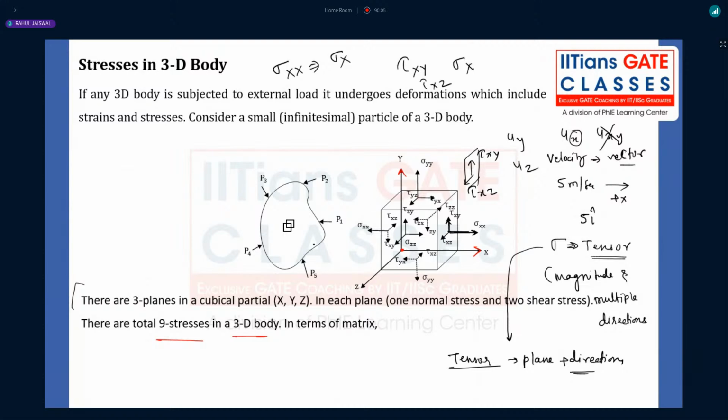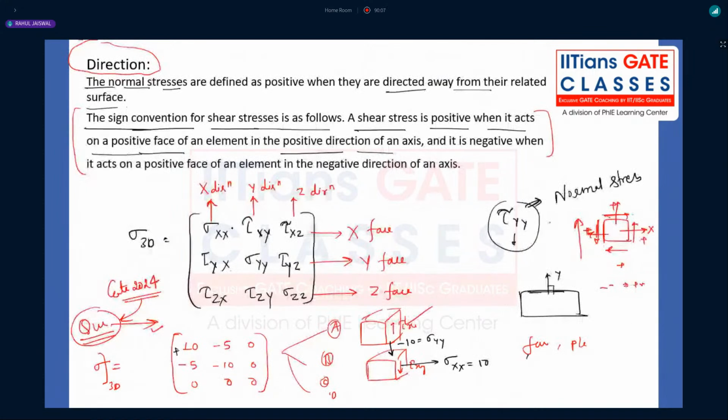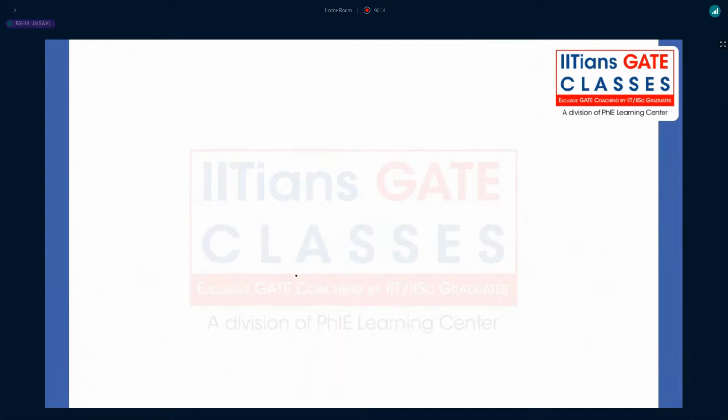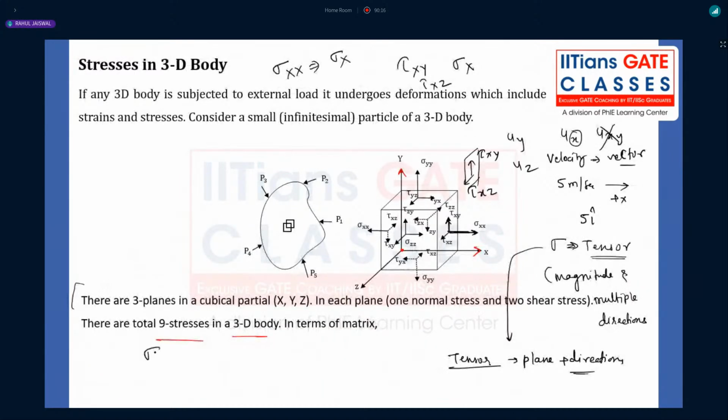Why 9 stresses? You can see here. If you just count 1, 2, 3, 4, 5, 6, 7, 8, 9, so 9 stress components are there. What are all those 9 stress components? Sigma xx, sigma yy, sigma zz. These are the normal stress components. And what are all the shear stresses?